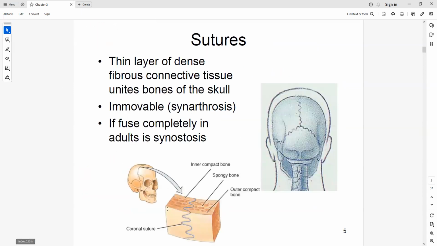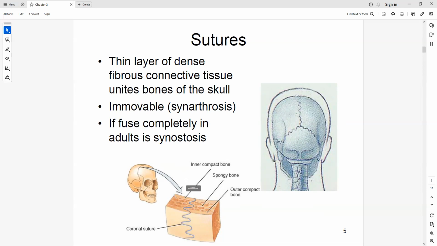For the sutures, at the bottom of this slide, you can see the magnification of the two bones, and this could be, let's say, two parietal bones joining at the sagittal suture, although the illustration shows a coronal. It doesn't matter what suture we're talking about. No matter how close the bones are together, they are still separated by this microscopic thin line of connective tissue.